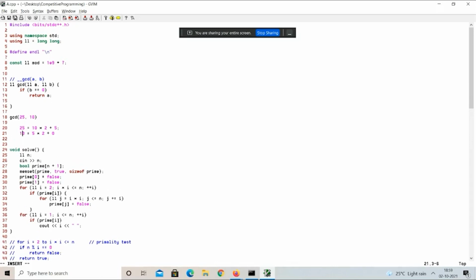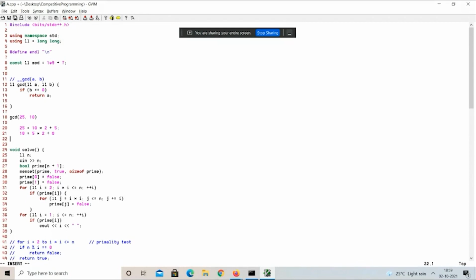Yeah, this is the limiting condition, like if the remainder is equal to 0. So you can see that in every step, the divisor becomes the dividend in the next step, and the remainder becomes the divisor. And when it becomes zero, we return this.